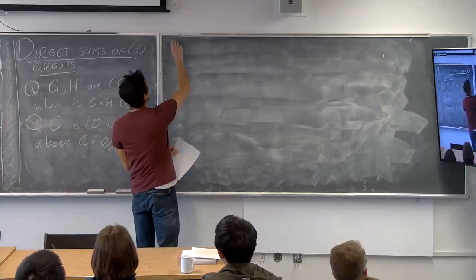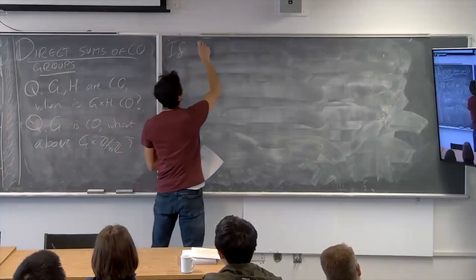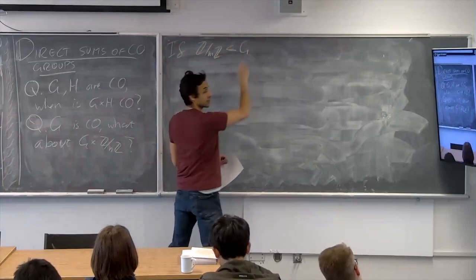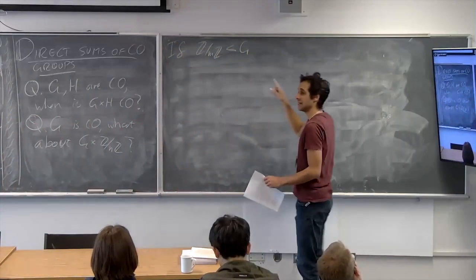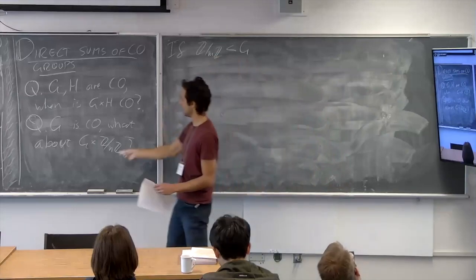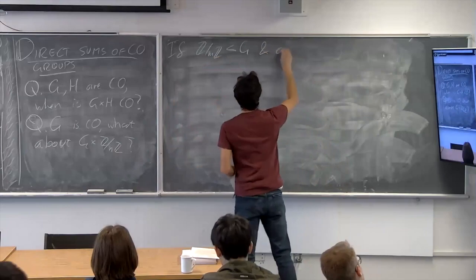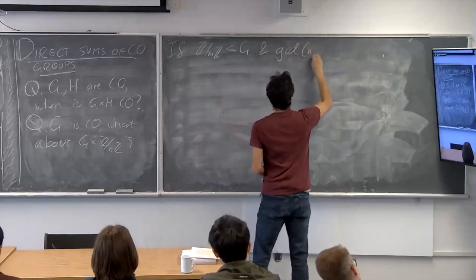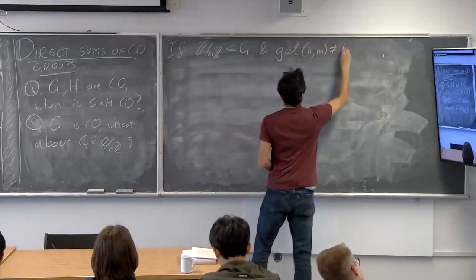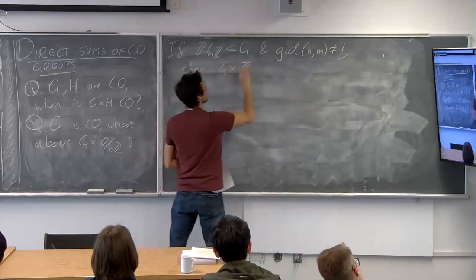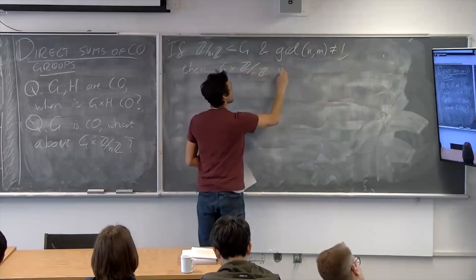If Z mod MZ is a subgroup of G, and the GCD of M and N is not 1, then you're going to be in trouble. G cross Z mod NZ is not CO.